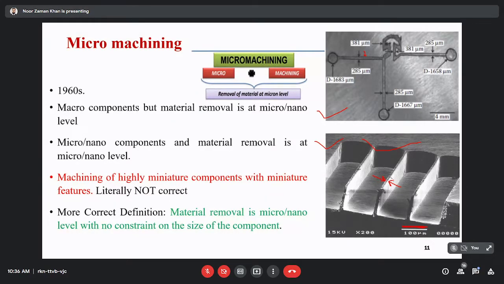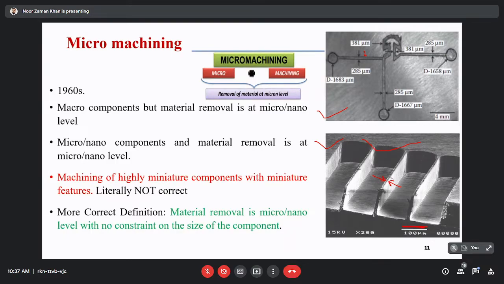Sir, 1 to 5 micrometer. I think it should be around 5 to 10 micrometer. So we can produce a micro wall of around 5 to 10 micrometer thickness. So see the technology advancement of micro machining.